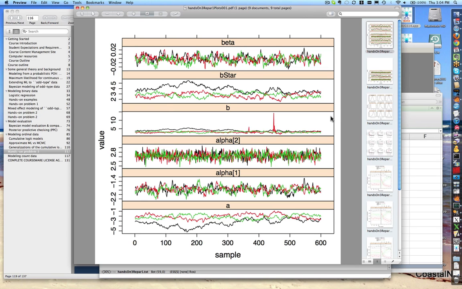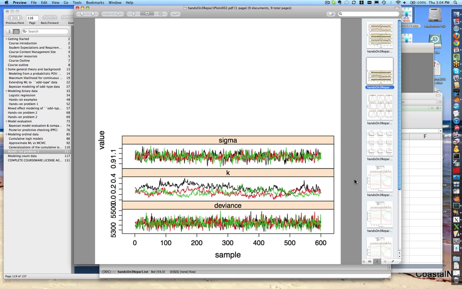You can see it's different, but it isn't necessarily better. B star, which is what's being directly sampled, and then B, which is calculated indirectly from that, don't look very good. A doesn't look very good, and K still doesn't look very good. So that didn't help me a whole lot.